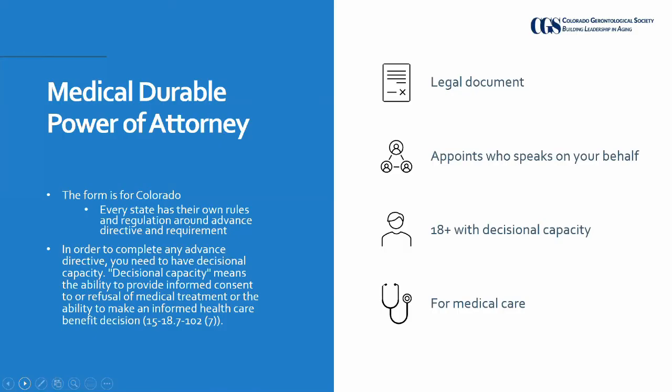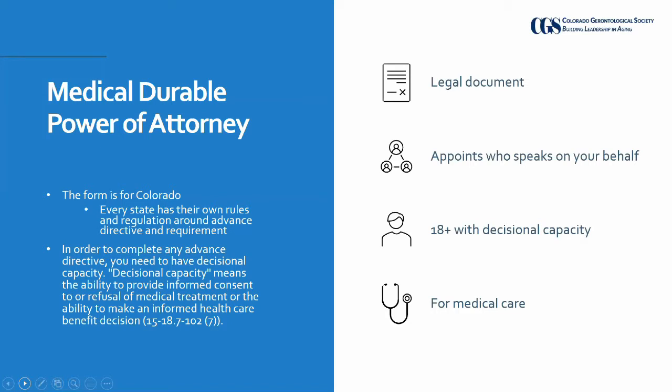So before we begin with completing the actual form, let's talk about what is a medical durable power of attorney. A medical durable power of attorney is a legal document. It says who's going to speak on our behalf when we need medical care and we can't communicate our needs.